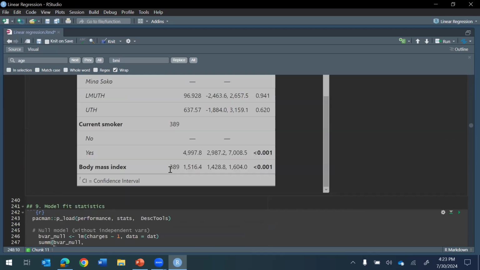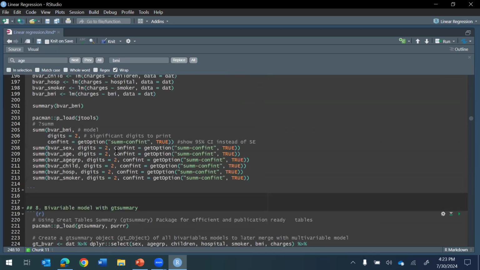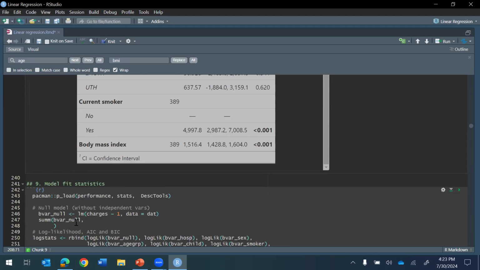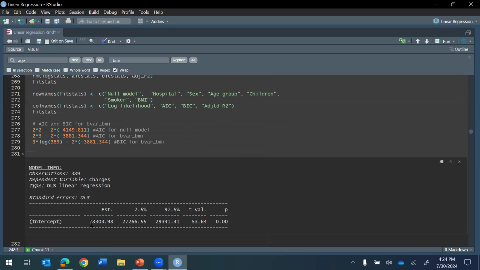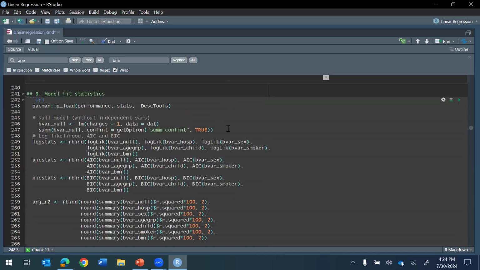So I want it to report the 95% confidence interval. Let me just get that confint. Yeah. So when we run that, it gives you the mean value and the 95% confidence interval.